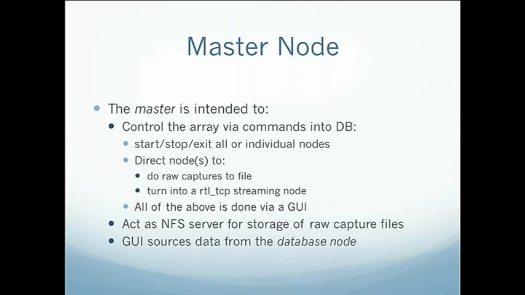So those are the two real direct interactions between the master and the slaves. Everything else is done via the database, which I still don't know how I feel about. I'm so used to having protocols embedded, or commands embedded in a protocol somehow. But this is just another form of protocol.